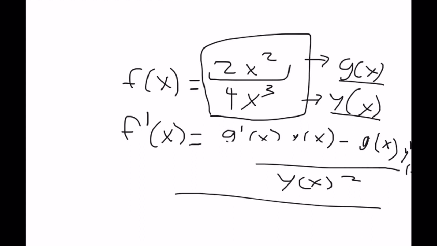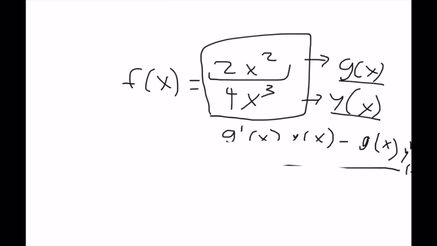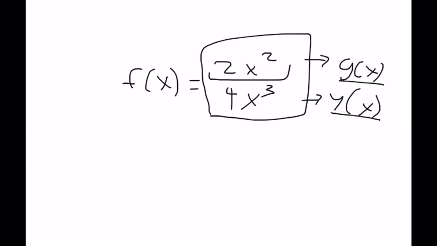Now, let's get back to the problem. To find f prime of x of 2x squared over 4x cubed, keeping the formula in mind, we see that the derivative of 2x squared using the power rule is 4x. Now times y of x. Y of x is just 4x cubed.